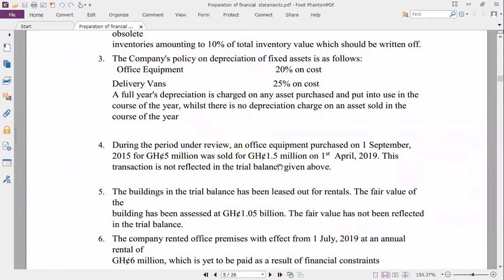So there is a gain or a loss on this valuation. So you compare. Let's go to the board. Here you compare the value at the start. So this is investment property.